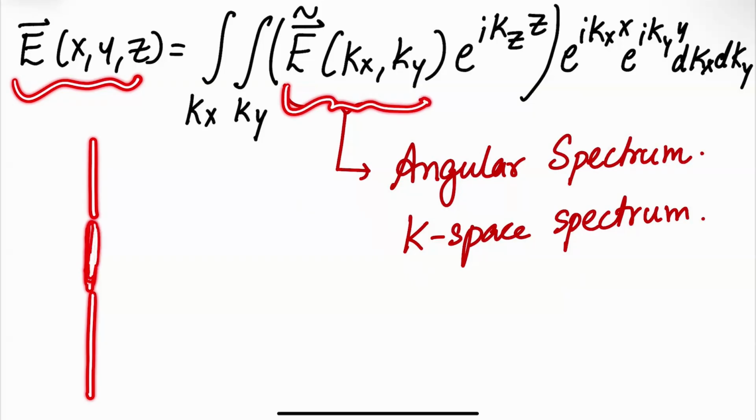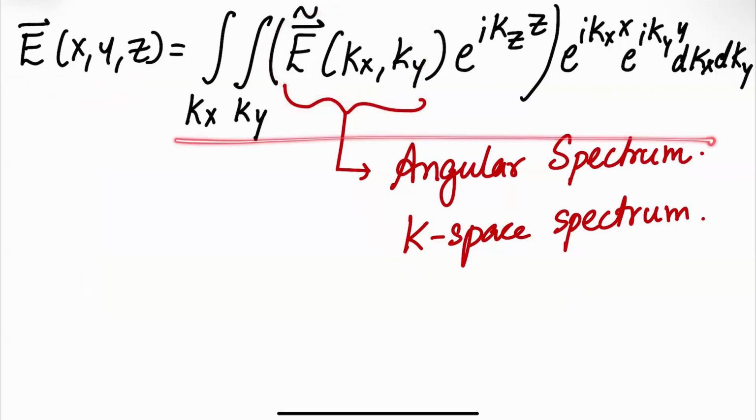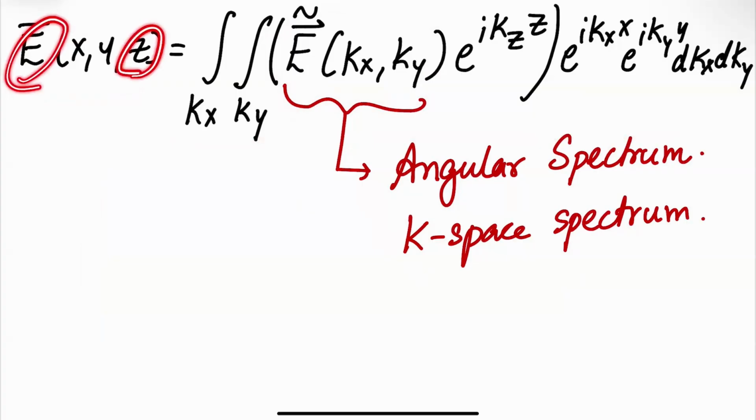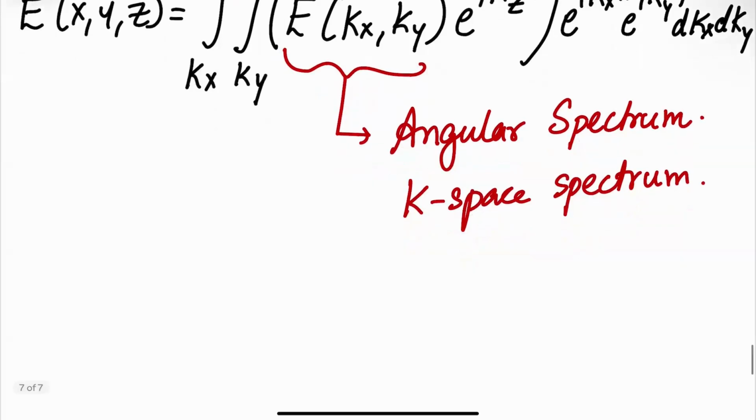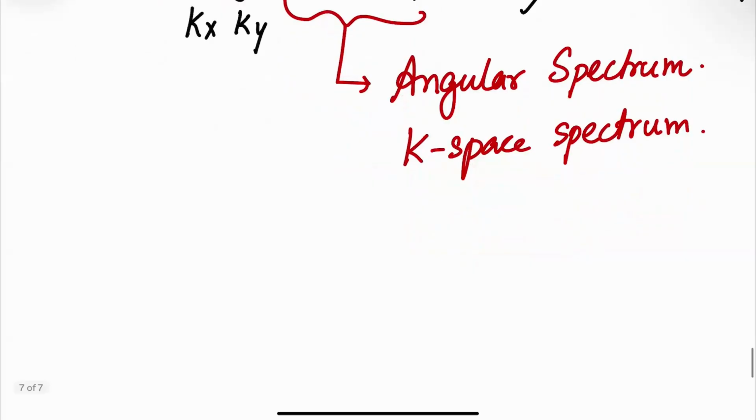Once you have the spectrum, you can put that into this integral and find the field at any point z, at any point outside. So from a known field in a given location, you can find this, and once you know this, you can find the field anywhere else in space. And that's very powerful. So that's called the angular spectrum.